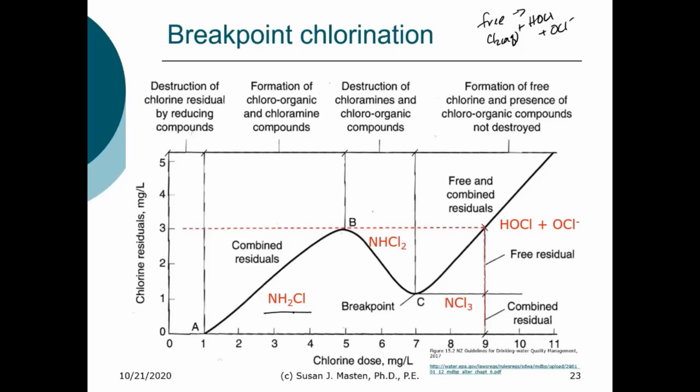So what this shows is the chlorine residual as a function of dose. What you see here, initially, in this region here, is that we have no chlorine residual. So the chlorine that we're dosing is reacting with other species, organic matter, reduced metals.